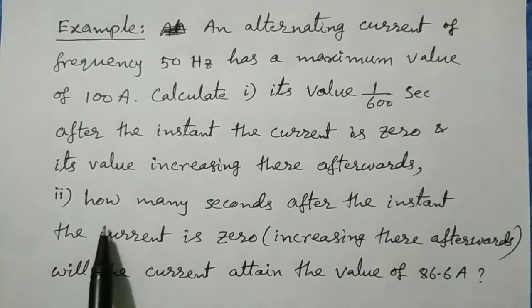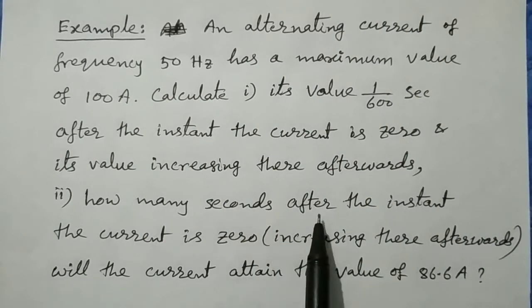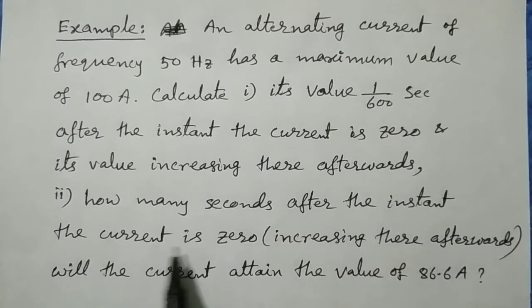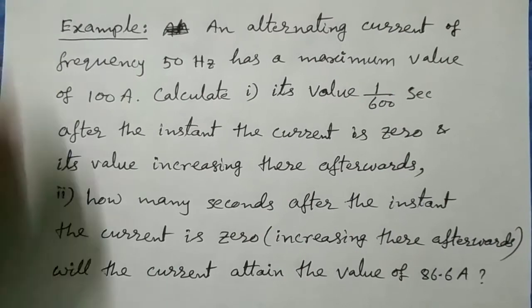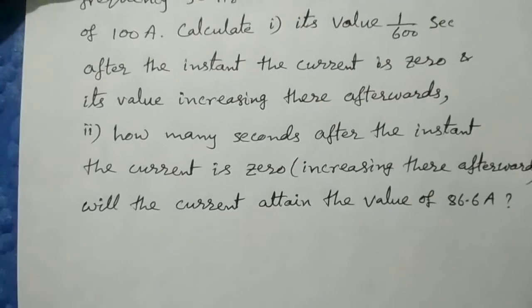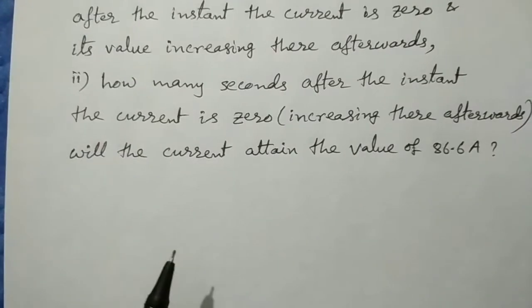And the second part is, how many seconds after the instant the current is 0 and increasing thereafter will the current attain the value of 86.6 ampere. So let's see the solution.